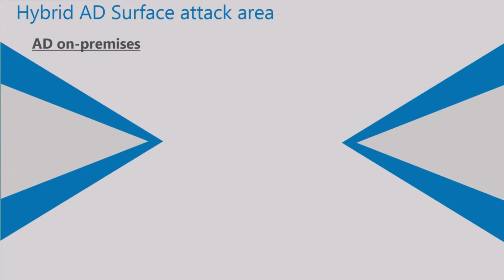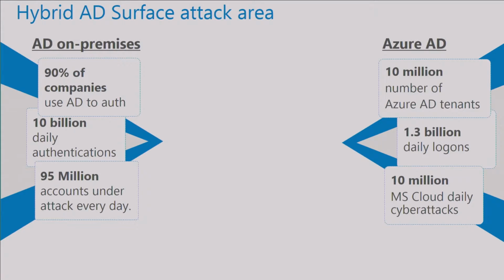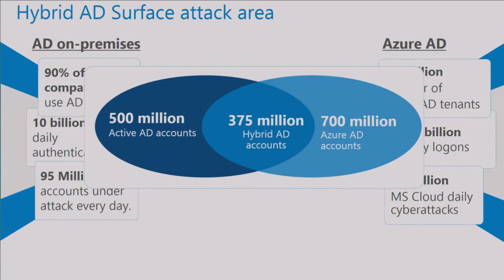All right? So I don't want to go through this in much detail. We probably already know the criticality of the on-prem AD versus Azure AD, and combine them together. And this is really what matters a lot, right? A lot of user accounts at stake. And every user account, if one of them got breached, it's one too many for any enterprise.